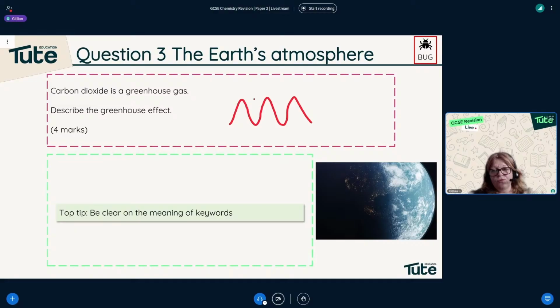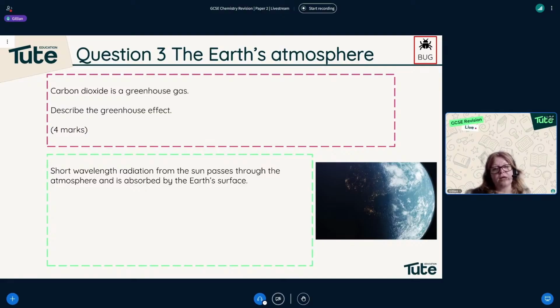The wavelength of any wave is the distance between two matching points on neighboring waves. So if you're asked to describe the greenhouse effect, you need to talk about it in terms of short and long wavelength radiation. So what would that look like then? The short wavelength radiation from the sun passes through the atmosphere and is absorbed by the Earth's surface.